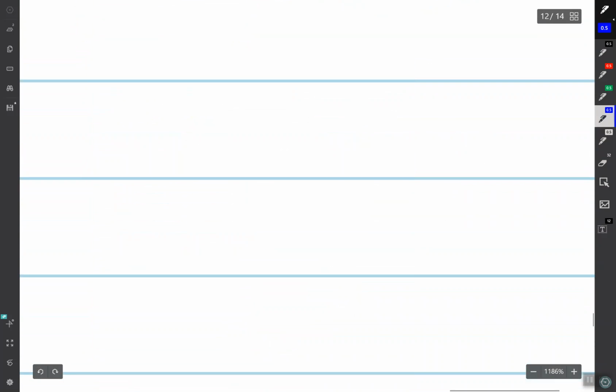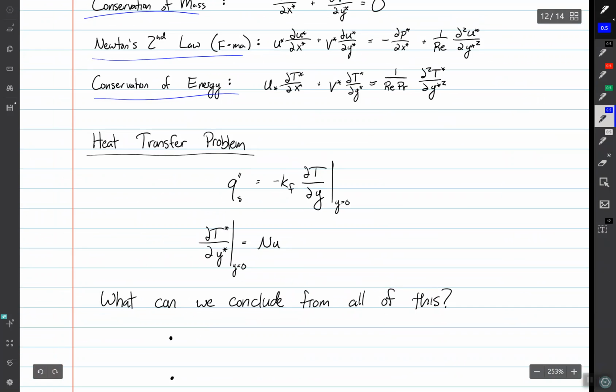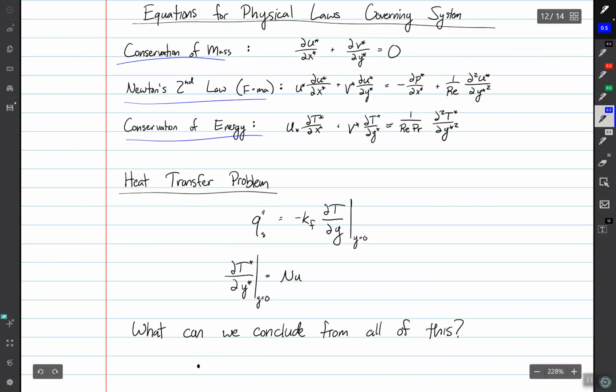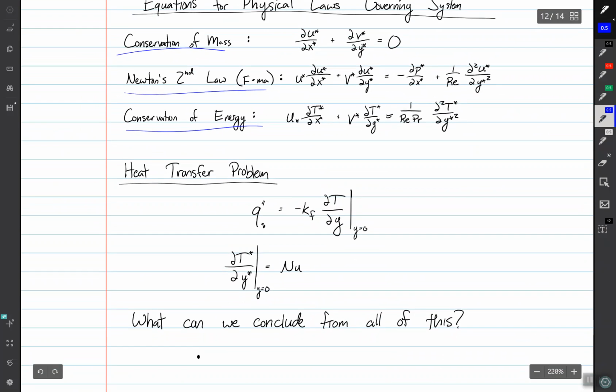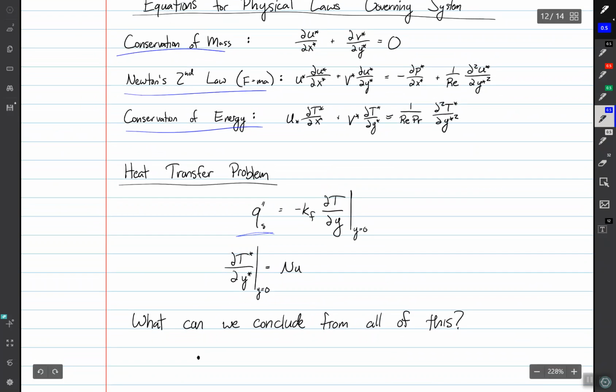And from a heat transfer perspective, what we're interested in is the heat transfer at the surface, q double prime sub s, the surface heat flux.